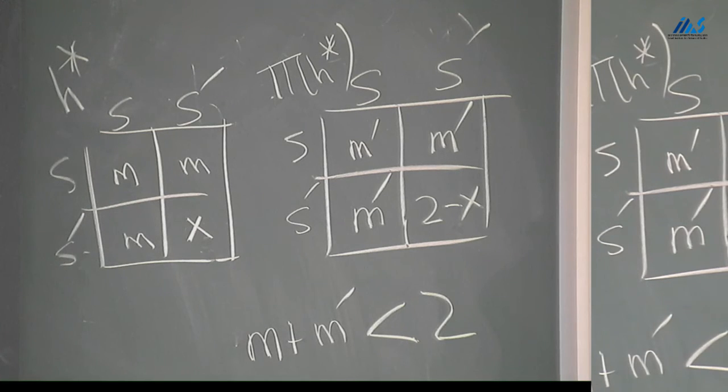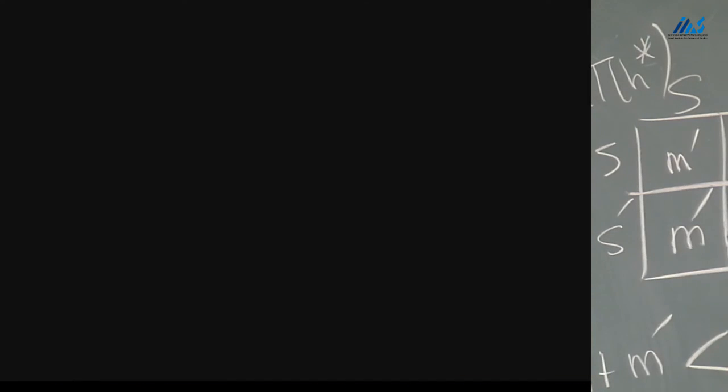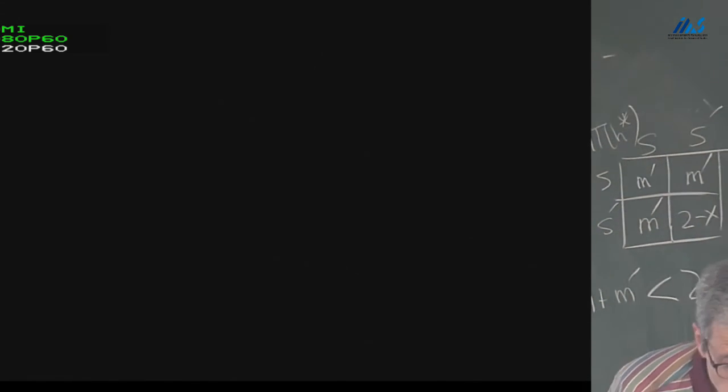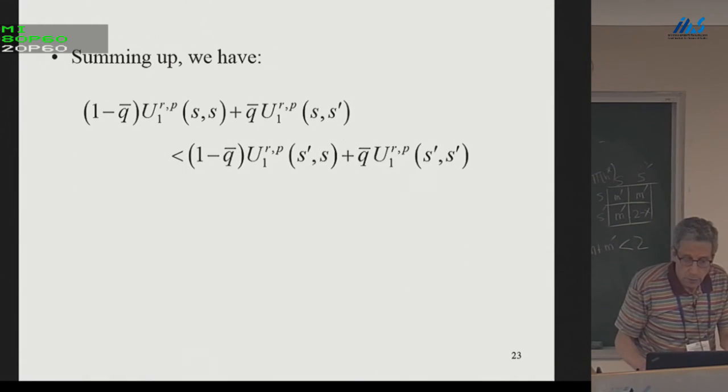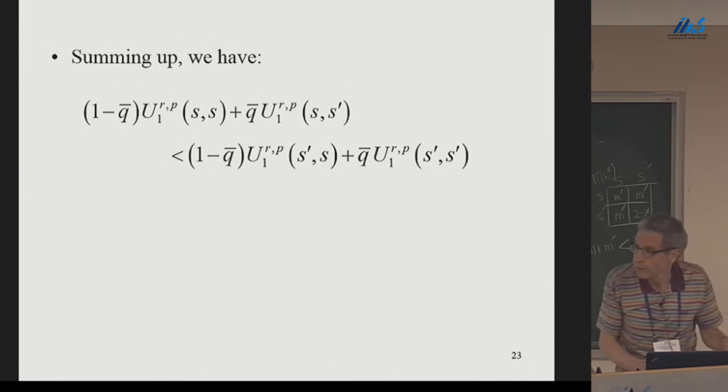This is just a generalization of the argument we used to argue that alt was invadable. And so, indeed, S is not evolutionarily stable.